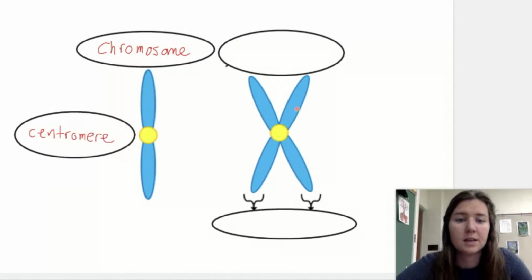Now, this picture over here is what this chromosome would look like after it's been copied. So there's one side, and then the other side is its copy. So this is what S phase does. This is a chromosome after, we call it replication.